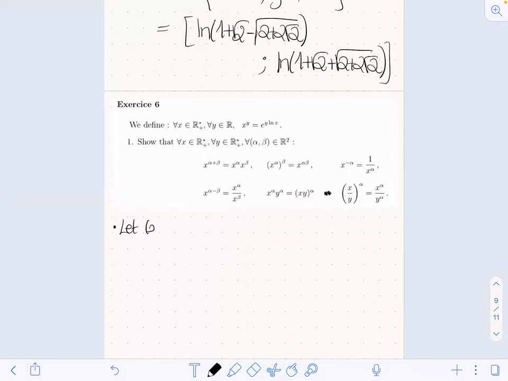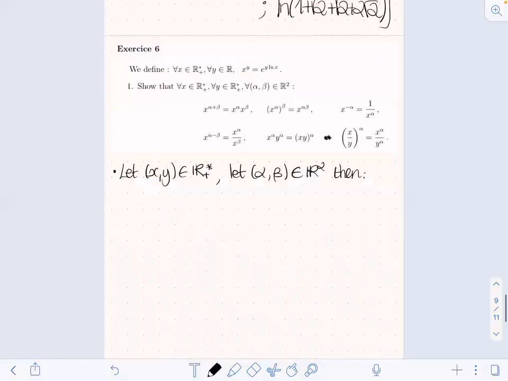So if we let x, y in R plus squared, and let alpha, beta in R squared, then x to the power alpha plus beta is equal to, using the definition of x to the power y, exponential of alpha plus beta times logarithm of x.